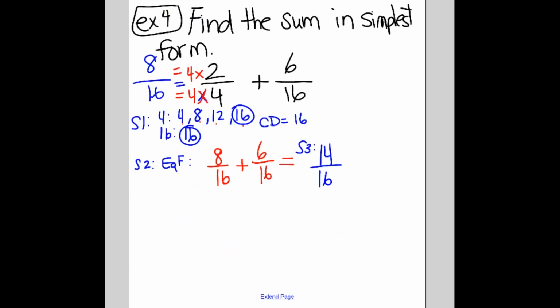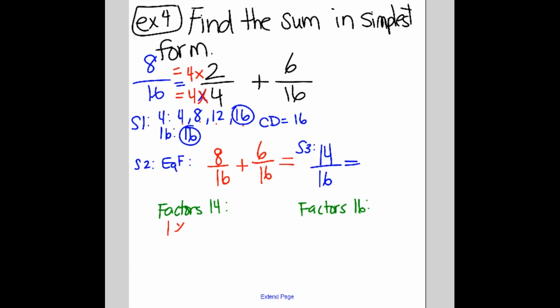But I know that I can simplify this, and my question says find it in the simplest form. So I have to simplify. So let me go ahead and get my factors that I'm looking for. Factors of 14, and then factors of 16. All right, should be fairly simple.